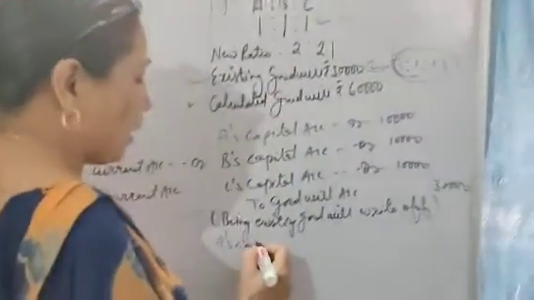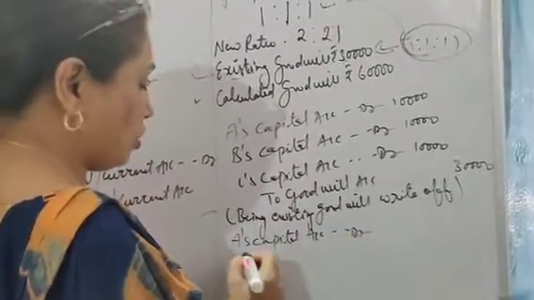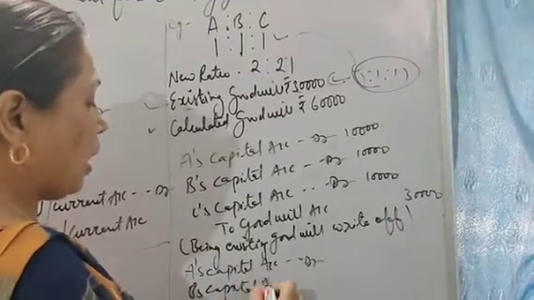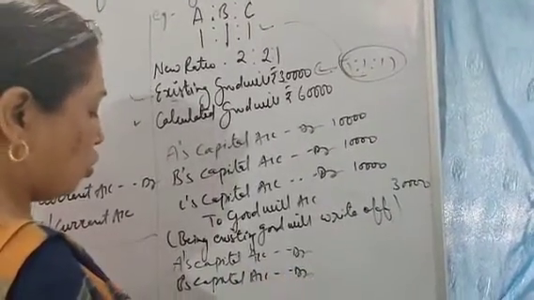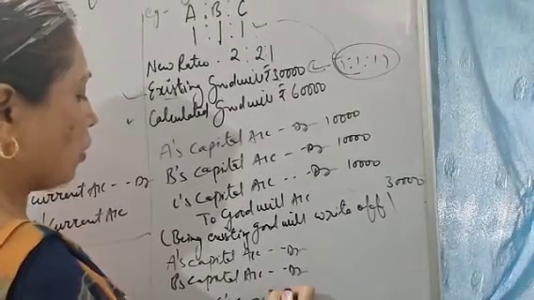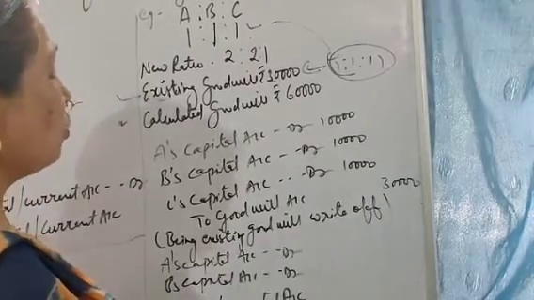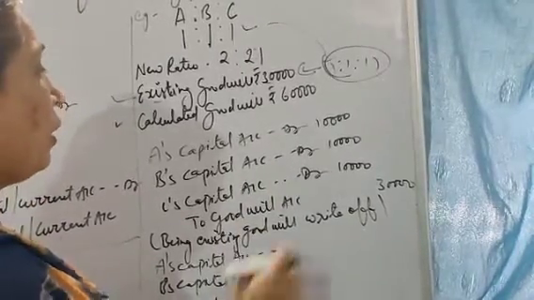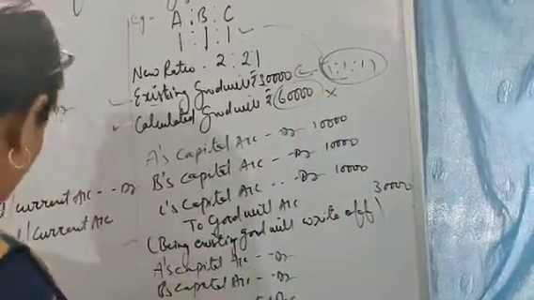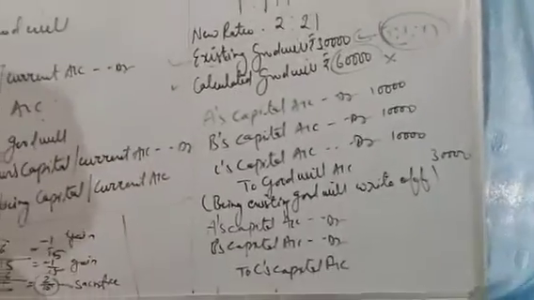So you have to prepare entry: A's capital account debit, B's capital account debit to C's capital account. Right? Now we have to put the amount here. Calculated goodwill is 60,000 and your sacrificing and gaining ratio is 1 by 15, 1 by 15 and 2 by 15.